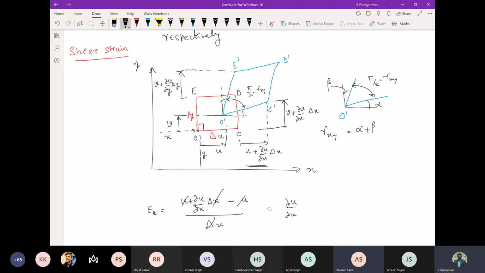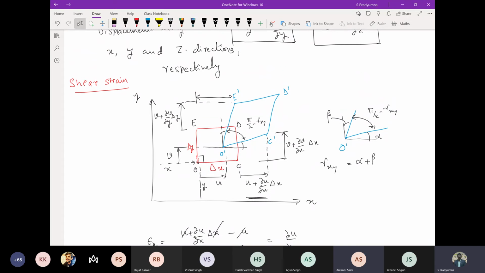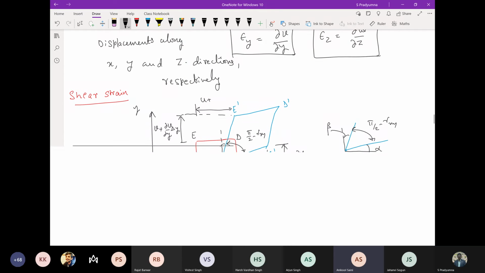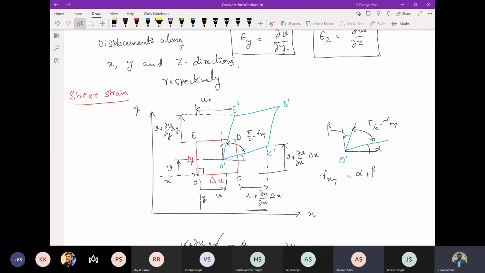Right? And similarly, E has moved to E dash along the x direction, and that is u plus dou u by dou y into delta y.